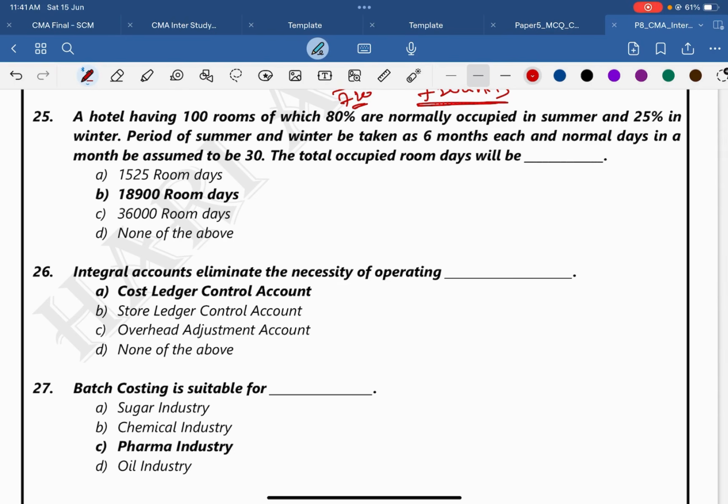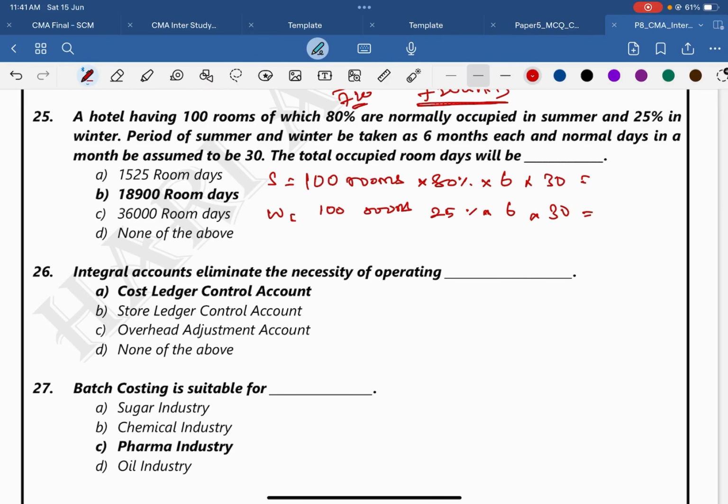So what we are going to do, 100 rooms is there. From 100 rooms, we'll calculate 80% for summer, and 25% in winter they have given. Same 100 rooms. The period of summer and winter is 6 months each, and the days to be assumed 30 days.